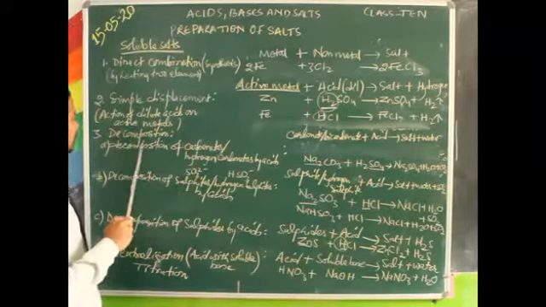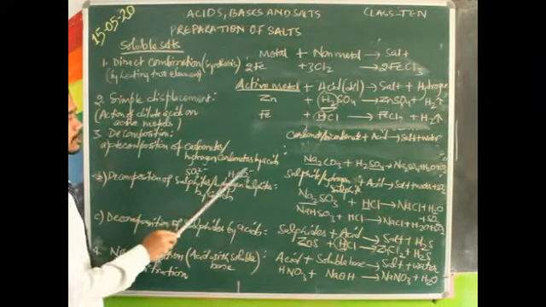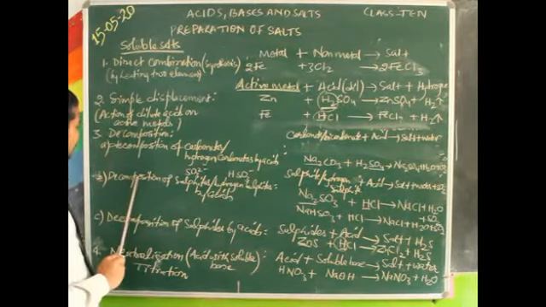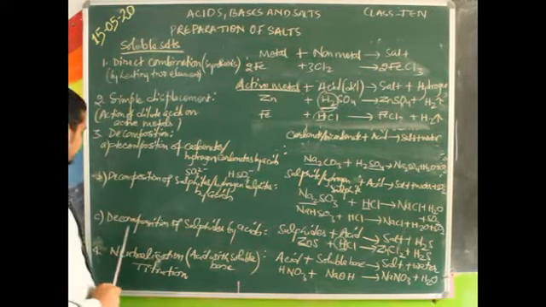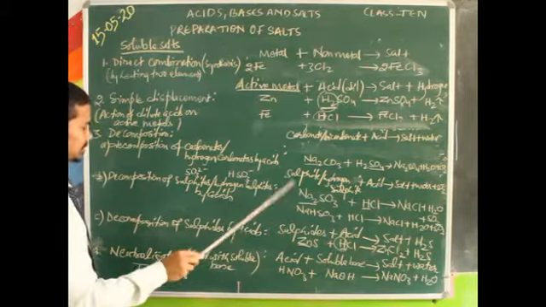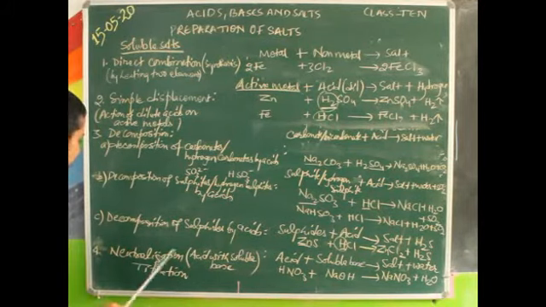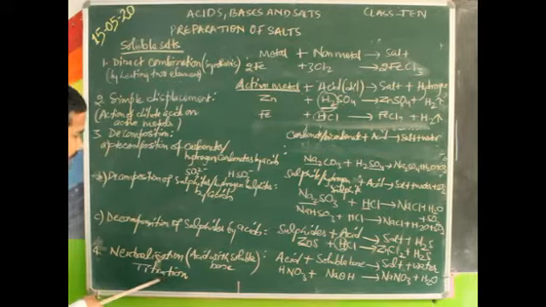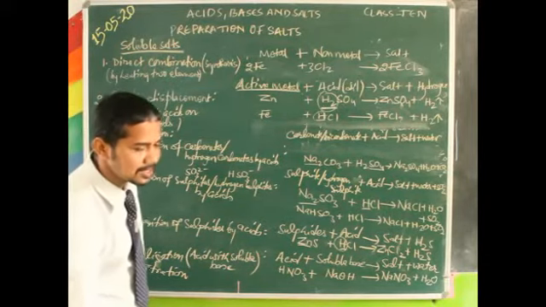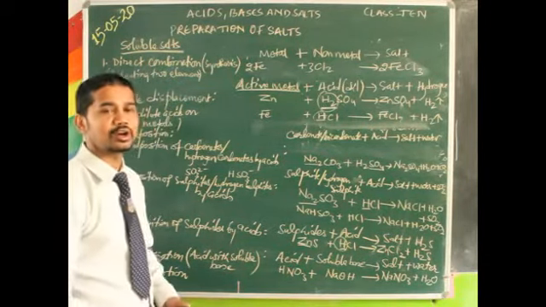In decomposition, there is decomposition of carbonates and hydrogen carbonates by acids, decomposition of sulfites and hydrogen sulfites by acids, and decomposition of sulfides by acids. And finally, neutralization. If this neutralization is the reaction of acid with soluble base, then it is titration. Now, we'll be seeing insoluble salts.